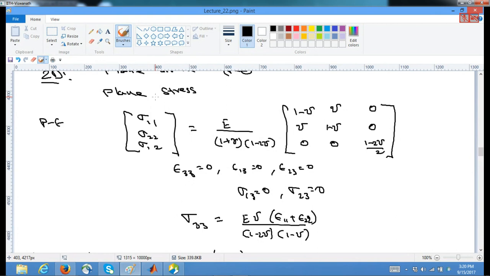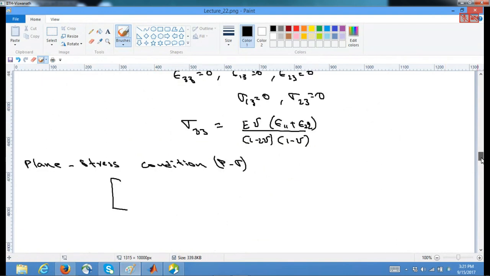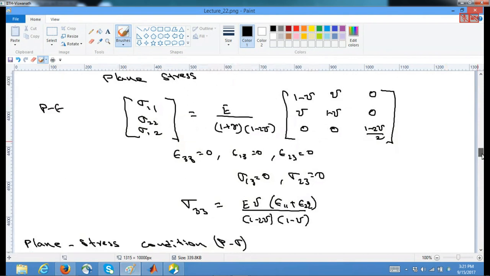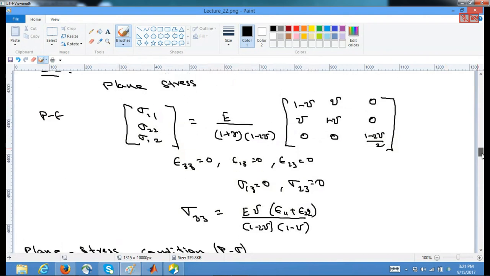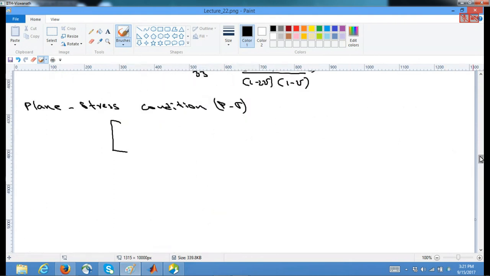Okay, so with the in-plane loading, we can reduce the problem from 3D to 2D, and if it is a plane stress reduction, then your stress strain relationship is governed by this thing, and if it is a plane strain condition, then your stress strain relationship is governed by the following.